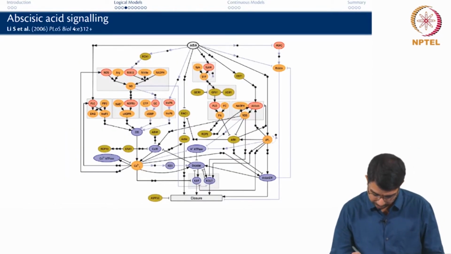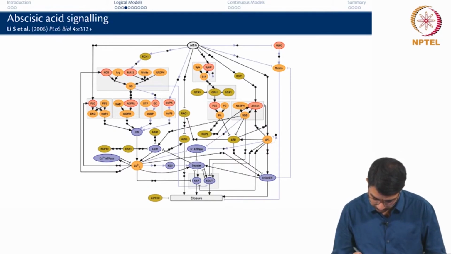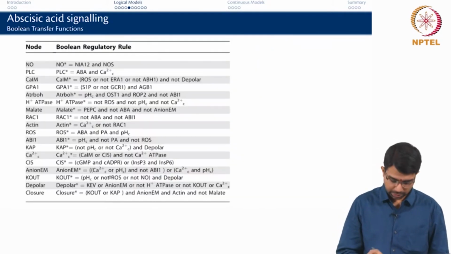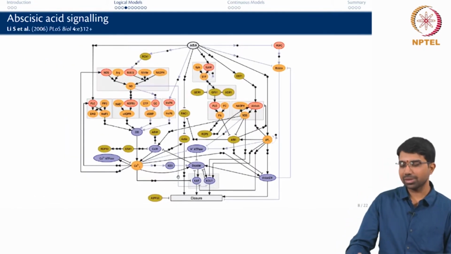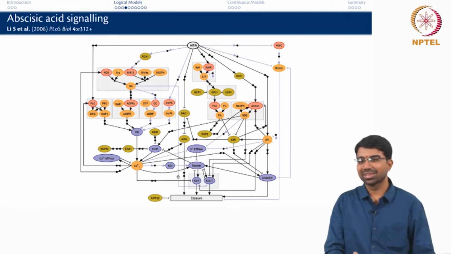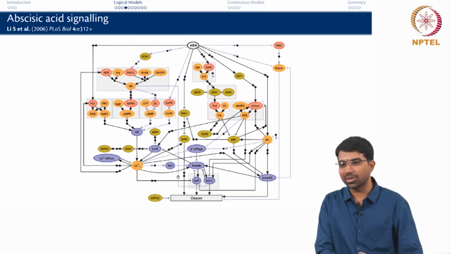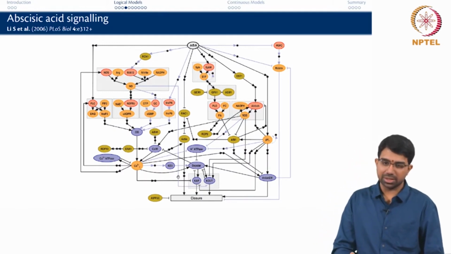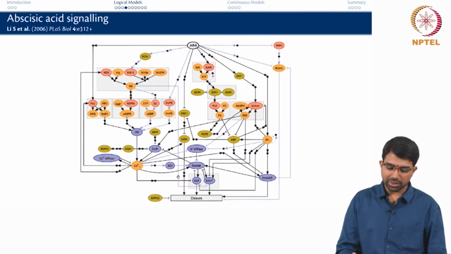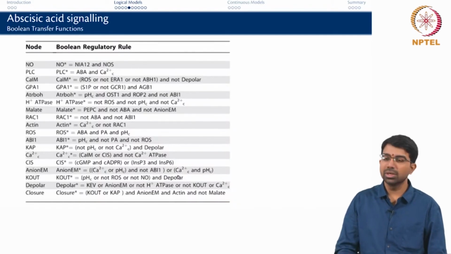So, how many arrows are incident here? 1, 2, 3, 4, right, and you have 1, 2, 3, 4 here. It's straightforward. The difficult part is making this figure, right. This involves digesting a whole lot of literature, figuring out all sorts of interdependencies and so on, and making this figure. Once you make this figure, it is easy to build this up.